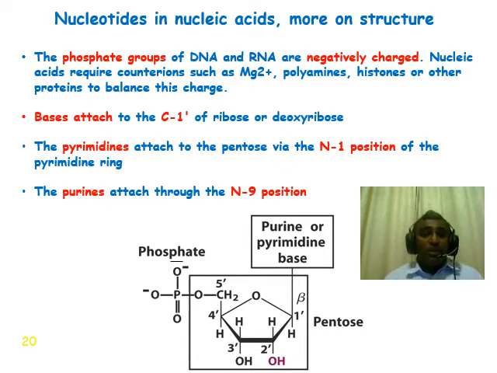As mentioned here, the bases are attached to the C1 prime of ribose or deoxyribose. The C1 prime will be the location where the bases bind, and as I already showed you, the pyrimidine at the N1 position while the purine at the N9 position.